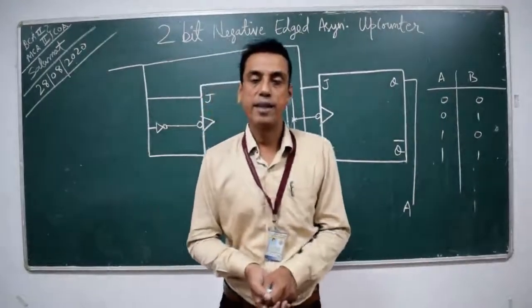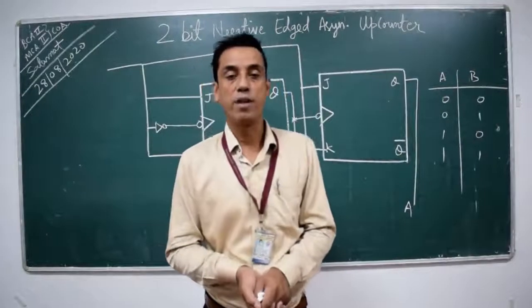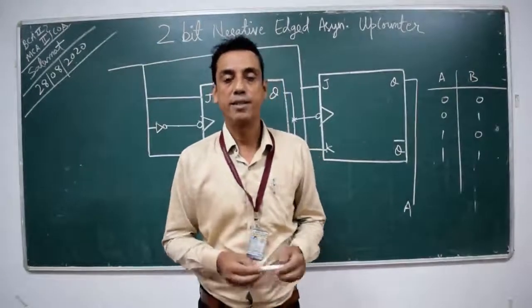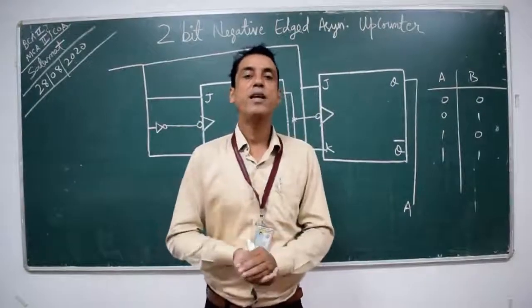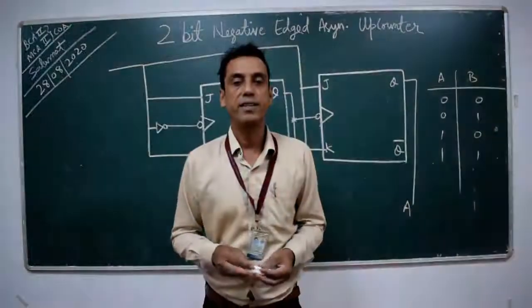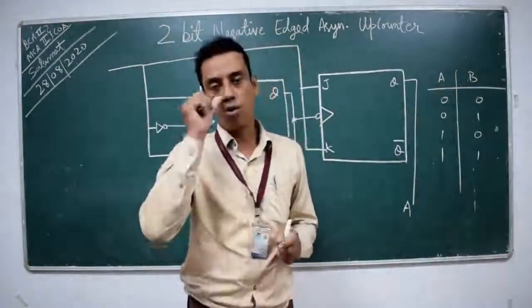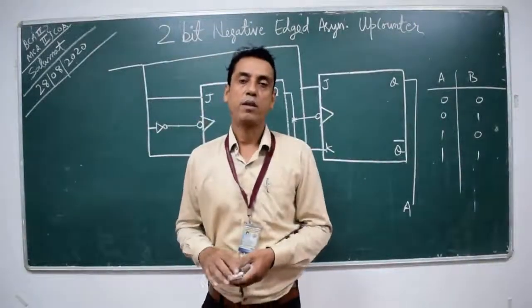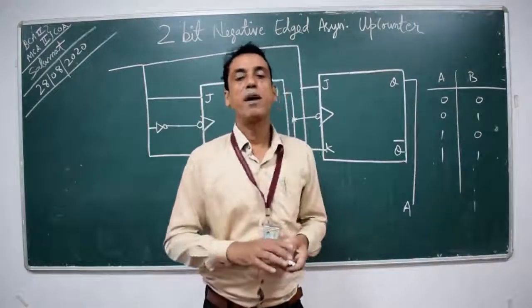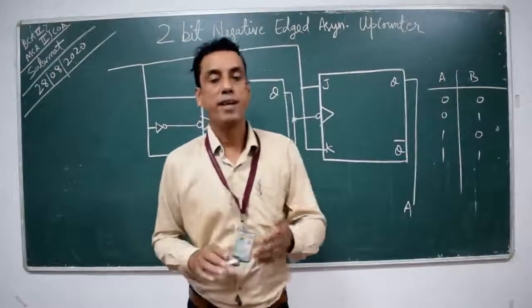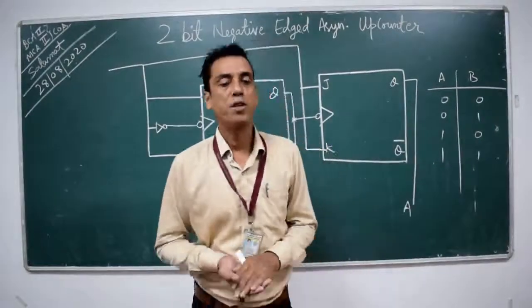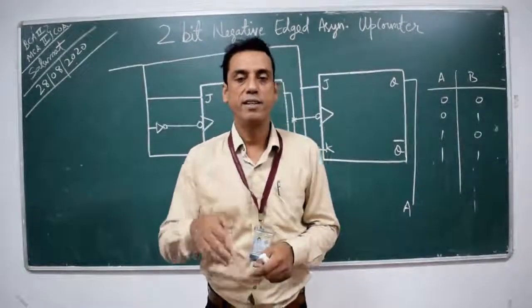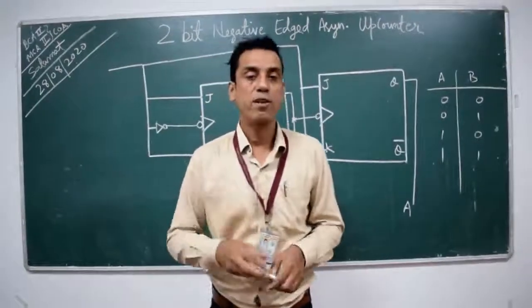The second point associated with counter that we discussed in the last session is that counter is a circuit which produces any combination of binary digits either in increasing order or decreasing order. If the counter is producing the combination of binary digits in increasing order, then it is an up counter. If it is producing the combination of binary digits in decreasing order, then this is known as a down counter.